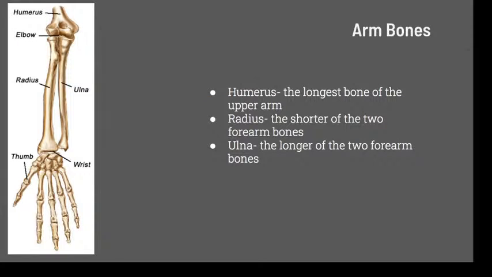Next, we have the 3 arm bones, which are the humerus, radius, and ulna. The humerus articulates with the glenoid cavity of the scapula. Significant features of the humerus are the tubercles located near the head and the deltoid tuberosity on the lateral edge.